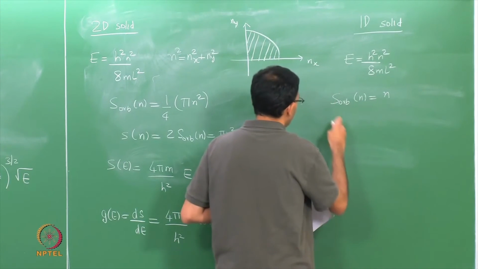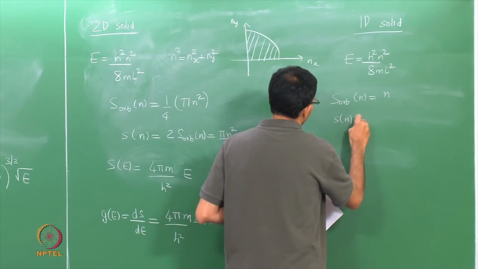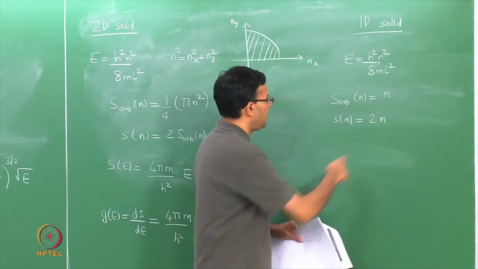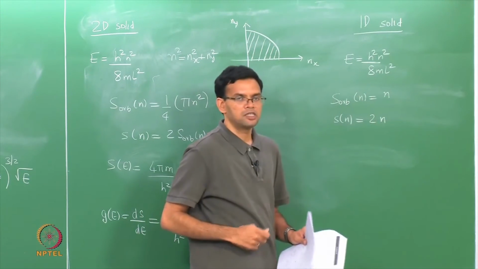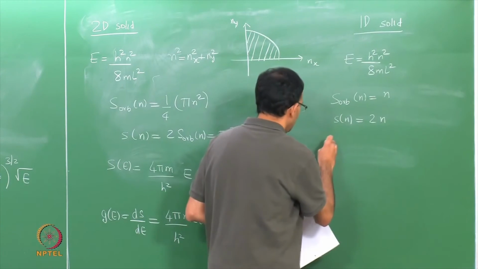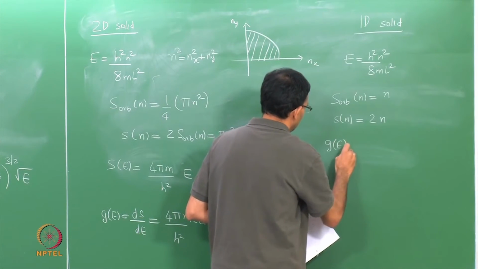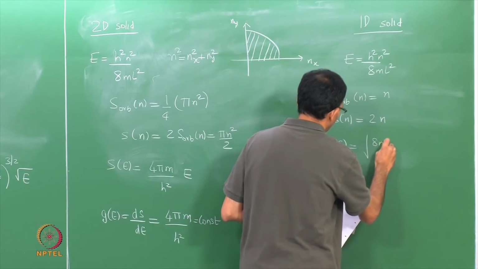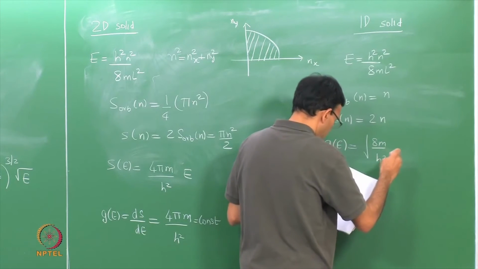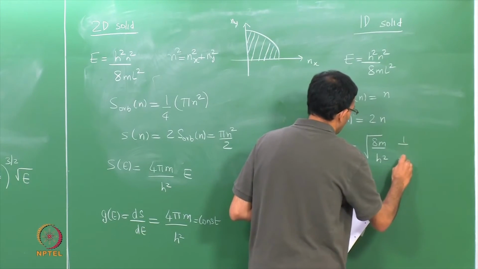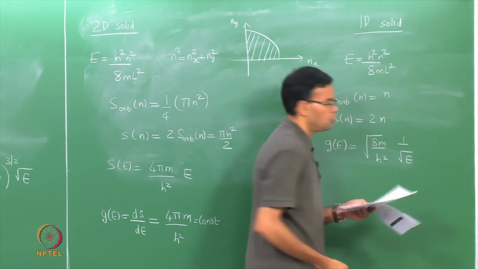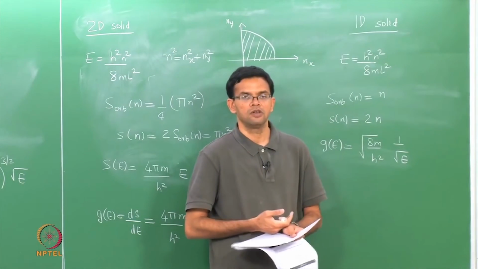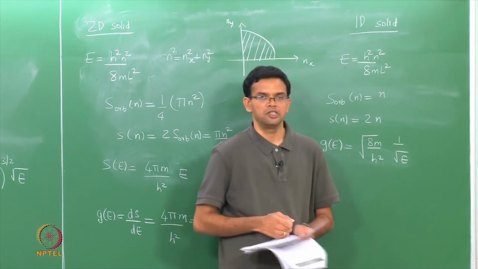If you take spin into account, s of n is 2n. We can substitute the value of n using this expression. We will go through the same math. The final answer is the density of states is square root of 8 m over h squared times 1 over root E. So, for a 1D solid, the density of states actually goes down with increase in energy.